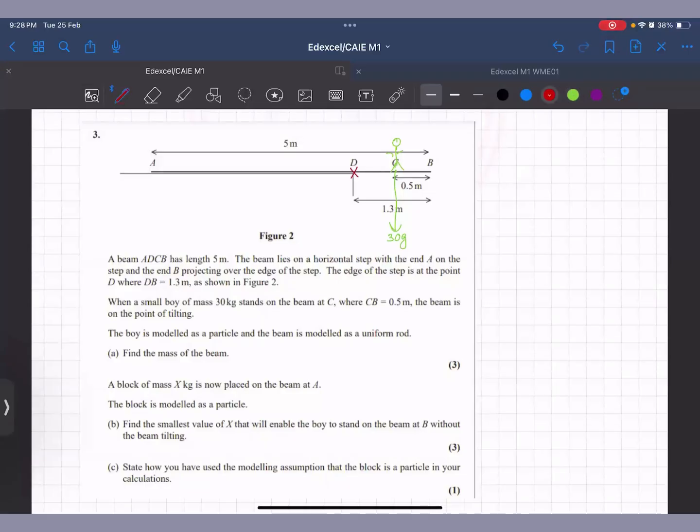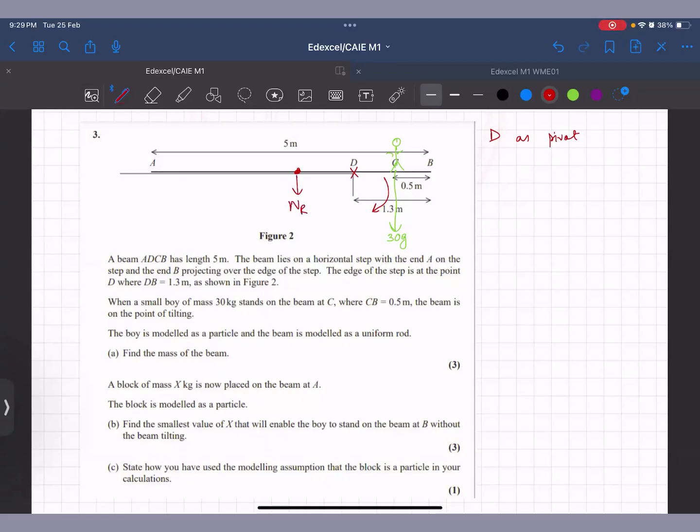If right now this is in equilibrium, so if I take this point D as a pivot, the weight of this boy is causing clockwise moment around this D, and definitely you have a weight of the rod in the middle, right? They told us it is a uniform rod, so the weight of the rod would be over here.